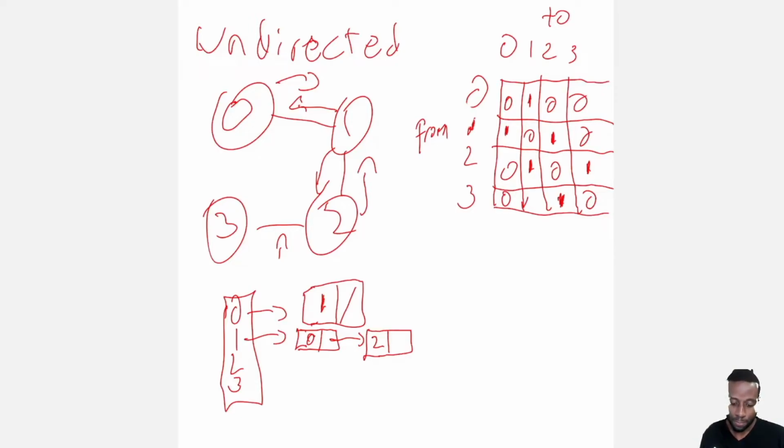And then 2 also has a connection with 1, so we need to store that, to make sure we don't lose reference to that. After we do that, 2 is going to be pointing at null, because those are the only 2 nodes that 1 is connected to, which are 0 and 2.